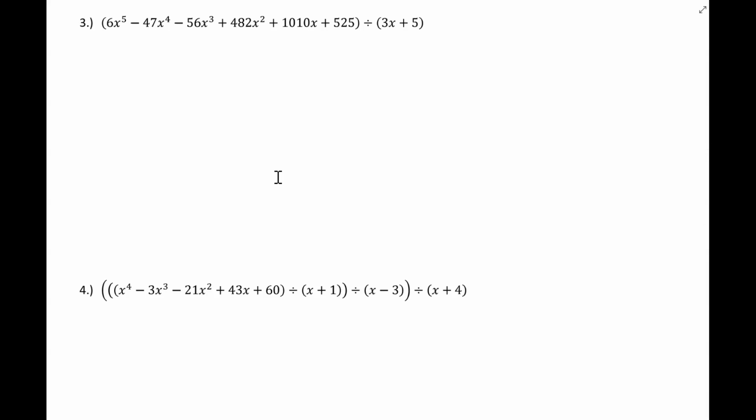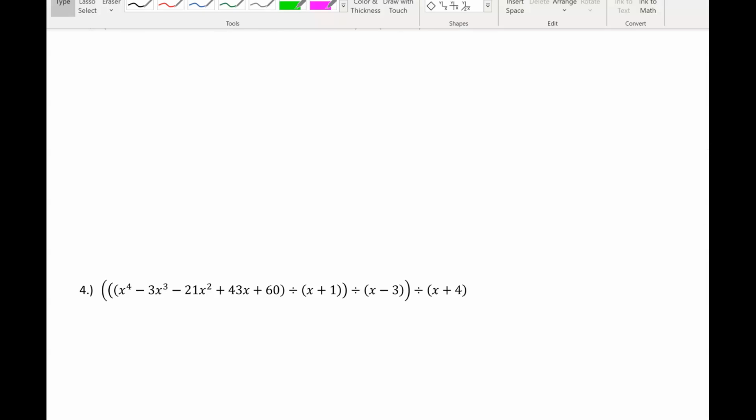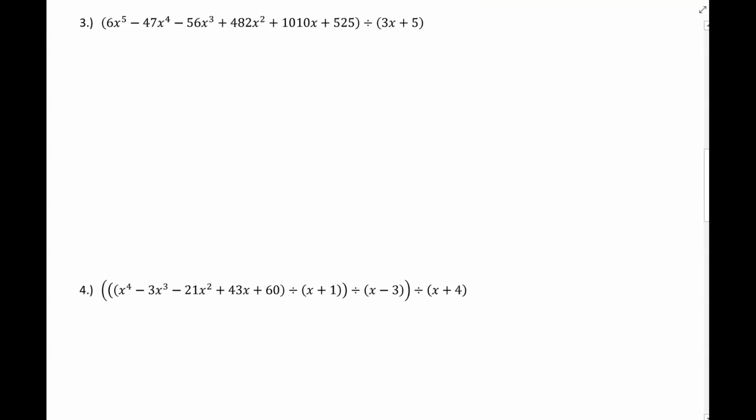Yeah. Okay. All right. So first thing we should observe is that if I look at the divisor, although it's degree 1, its leading coefficient isn't 1. So I can't use synthetic division the way it's currently written. So I'm going to do the long division.